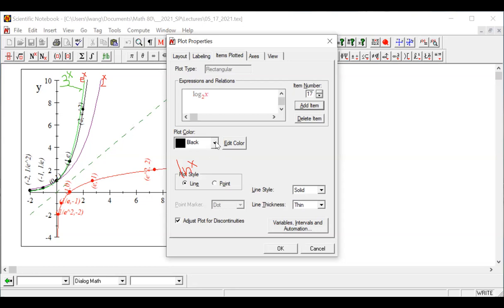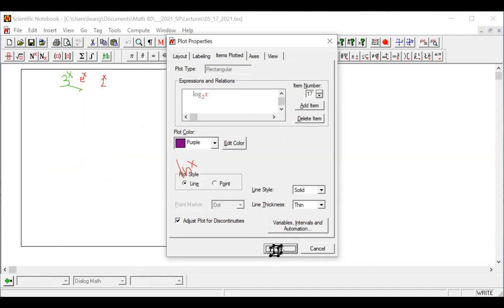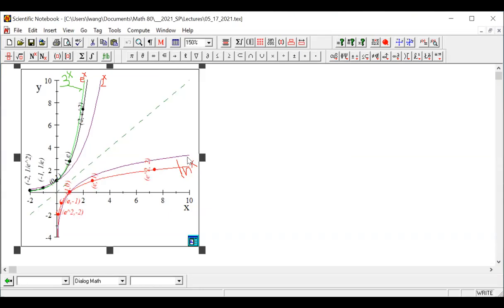I'm going to make it purple just so you can see their correspondence. I hope that helps. You can see that's log base 2 of x, purple.